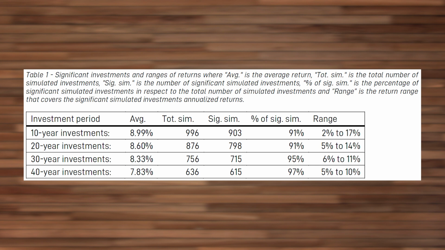So, for example, for 10-year investments, we have that 91% of simulations fell between 2% and 17%. 20-year investments, 91% of them fell between 5% and 14%. And then 30-year investments, we have 95% of them fell between 6% and 11%. And then we have 40-year investments, well, 97% of them fell between 5 and 10%.